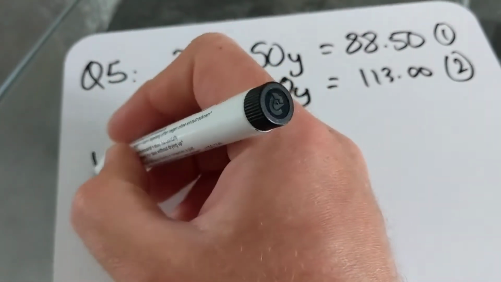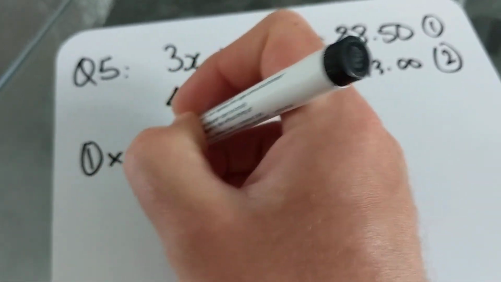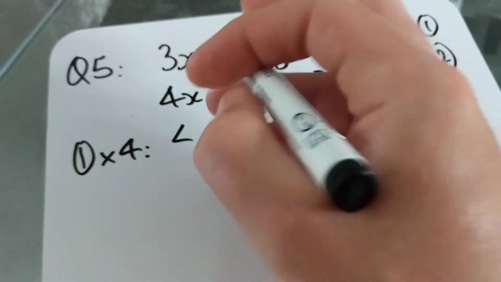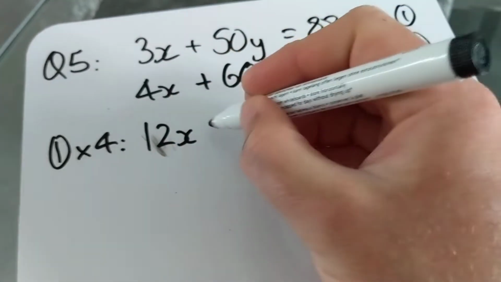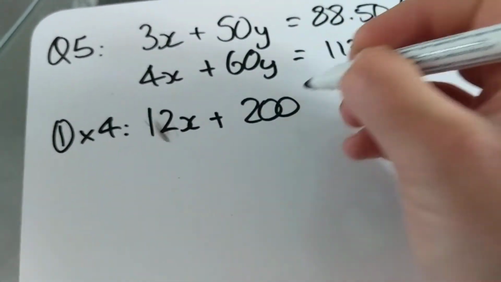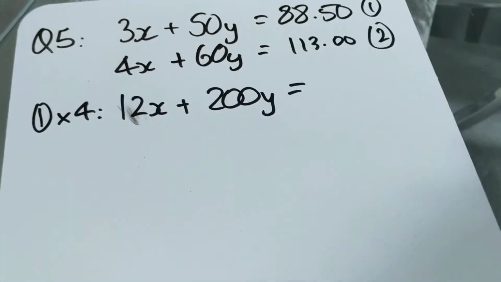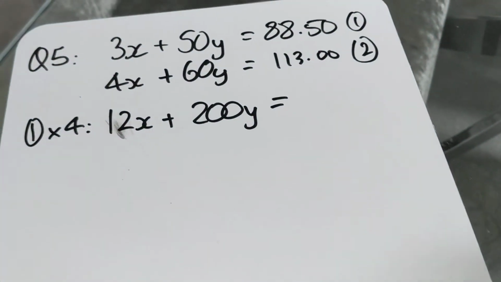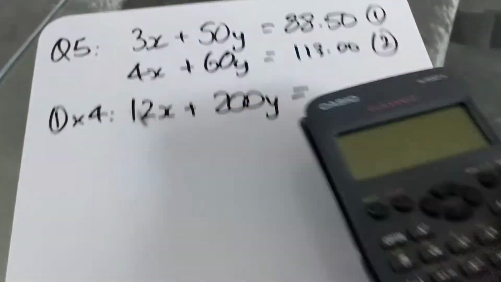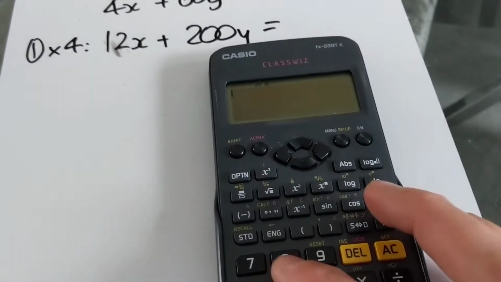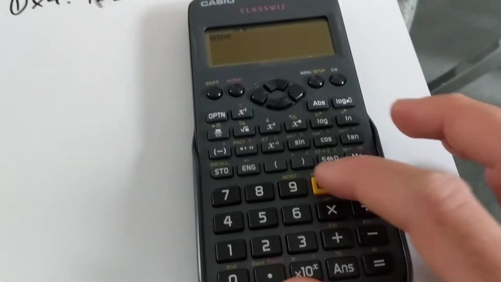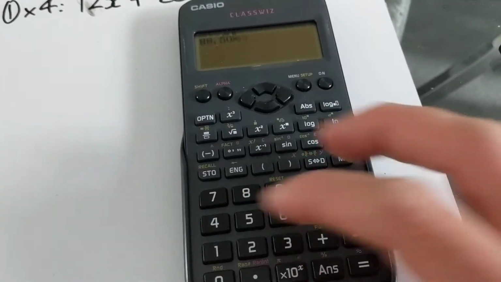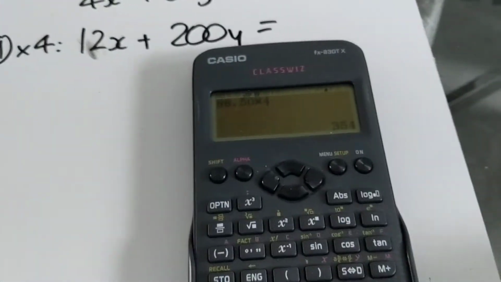So if I take equation 1 and times that by 4, I'll get 12x plus 200y equals £88.50 times 4. If you're not sure, grab out the old calculator, because this would be a calculator paper, and it gives you £354.